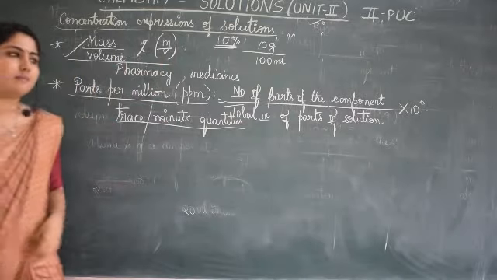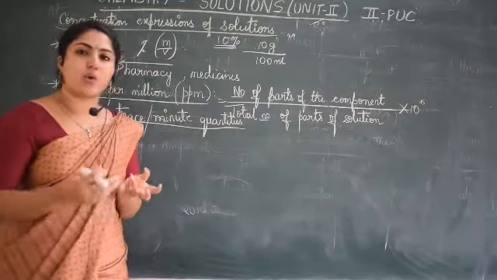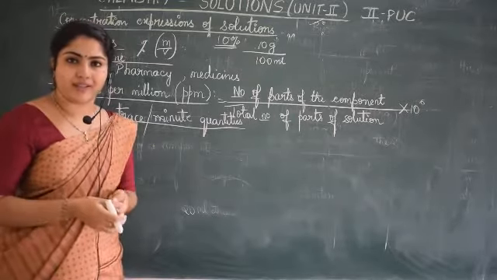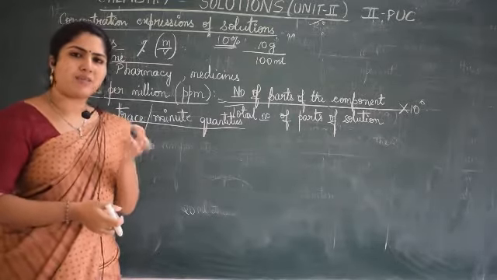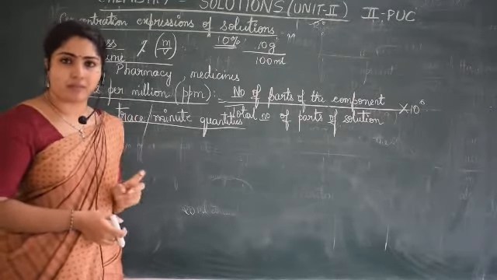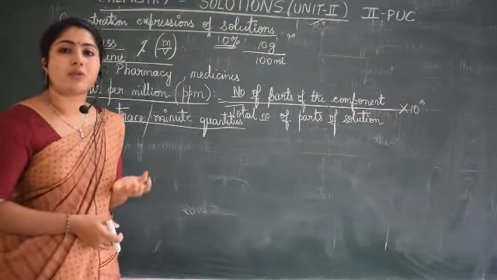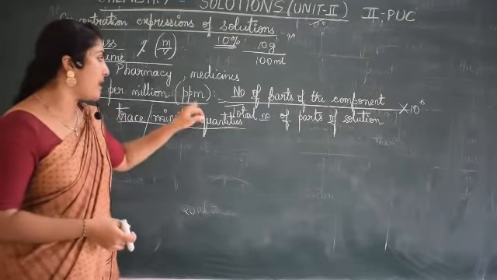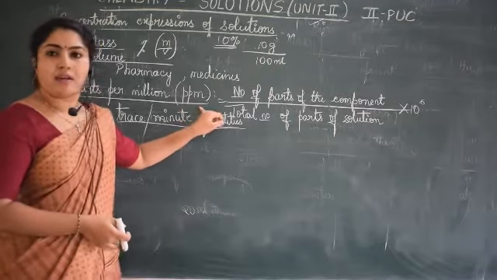Usually, like say in the ocean, how much oxygen is dissolved in the sea water? Very small quantity will be present. So in terms of ppm you can represent it. Or the pollutants present in the atmosphere, minute quantity of the pollutant means again in ppm we can mention it.